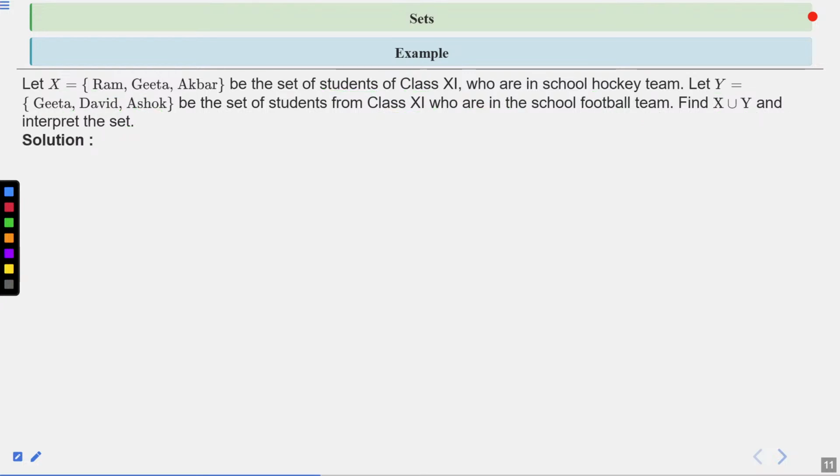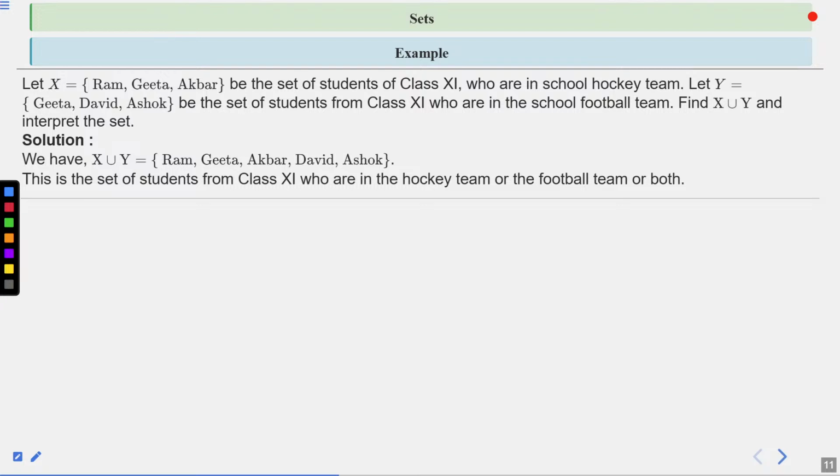So solution, X union Y will be your set with a collection of all the elements from the set X as well as from the set Y, and we only write the repeating elements once. So Ram, Geeta, Akbar, David, Ashok will be our X union Y set.